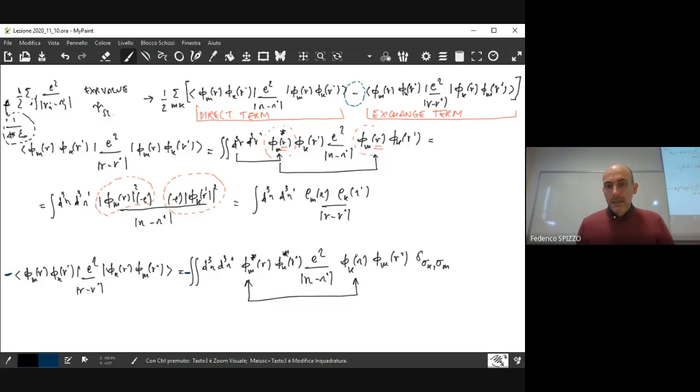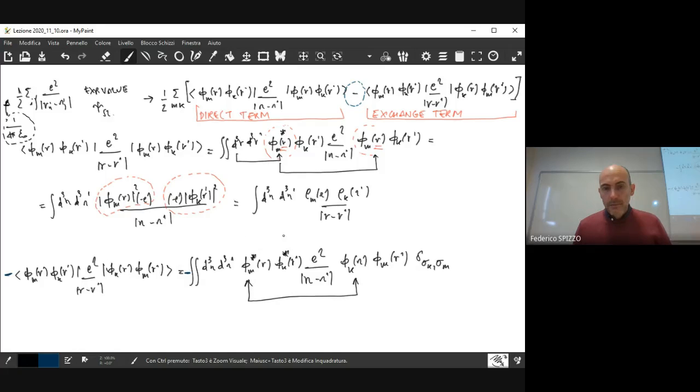So due to the fact that the same coordinate appears in the wave functions of two different levels, we may not rewrite this as a sort of square modulus of one level times square modulus of the other level.